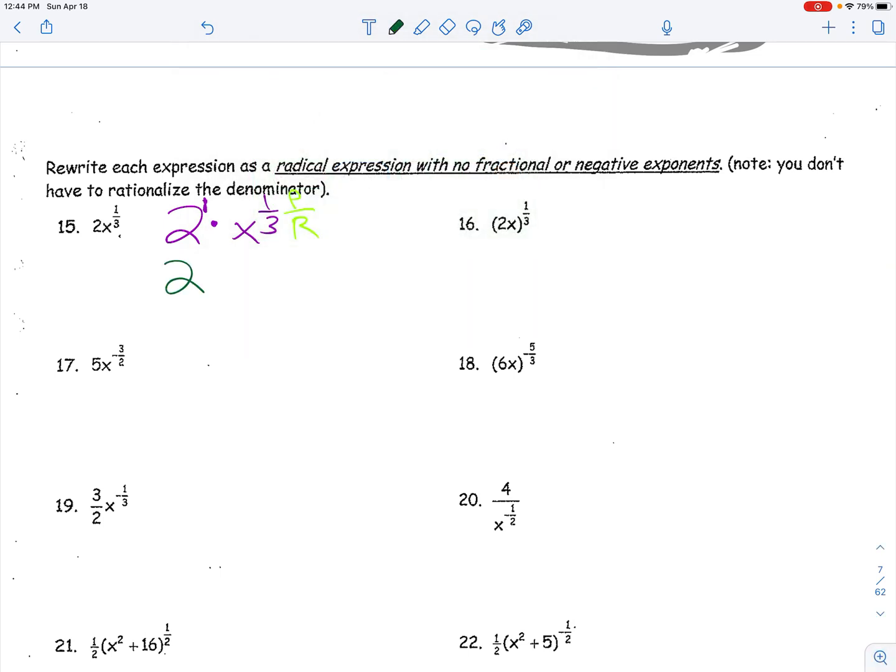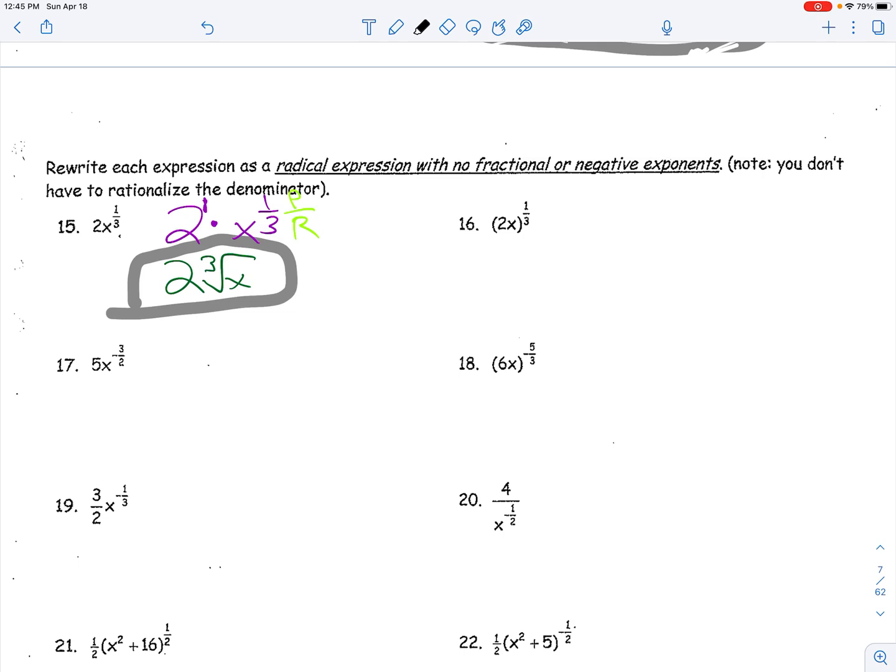So this is going to be 2 times the 3rd root, or cube root of x to the 1st, which you can just write as the cube root of x. And there you go, right? No fractional exponents, or negative exponents. That's your answer. All right, now, like I said, number 16 here, we'll do that one next.